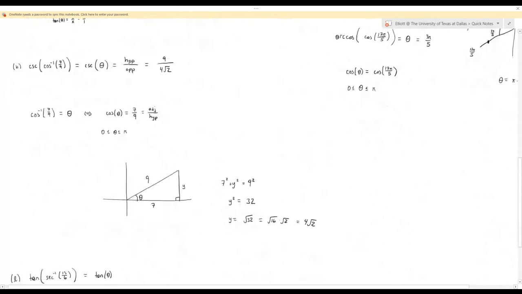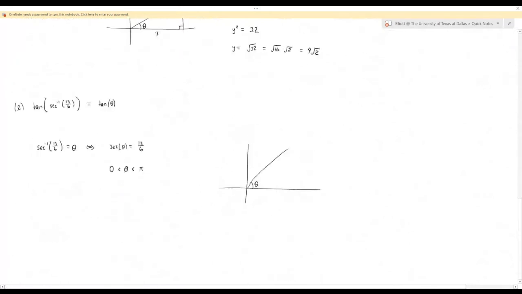And it's kind of similar here. So the secant function has vertical asymptotes. Oh, wait a second, this is secant, I think I got that backwards. Secant does not have vertical asymptotes at 0 or pi, so it's fine for those.